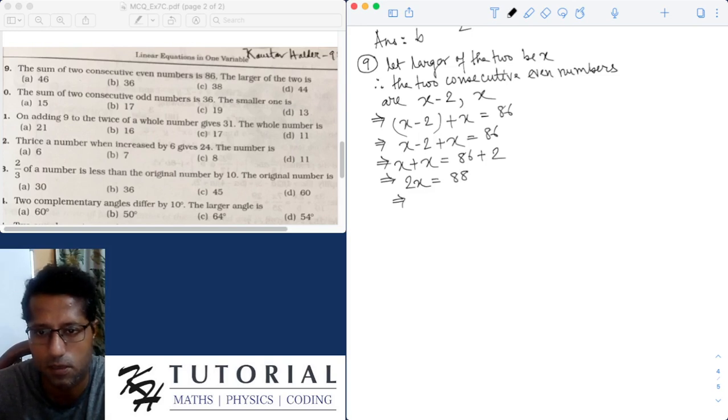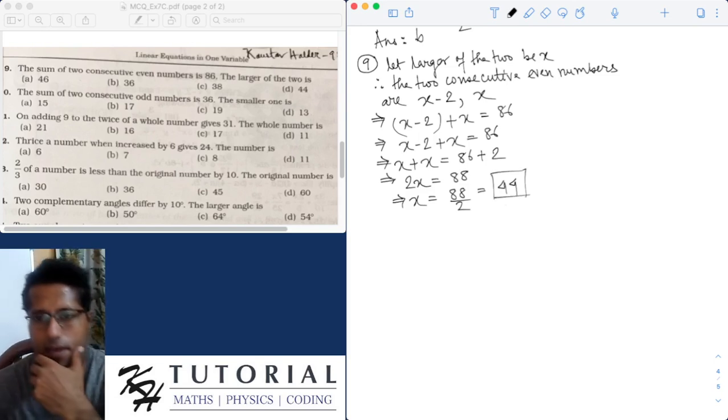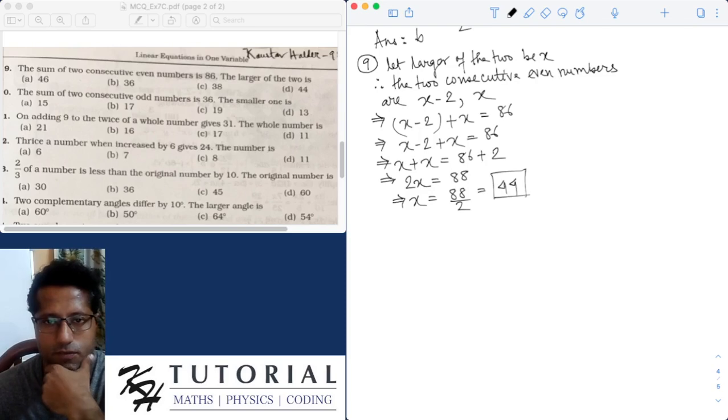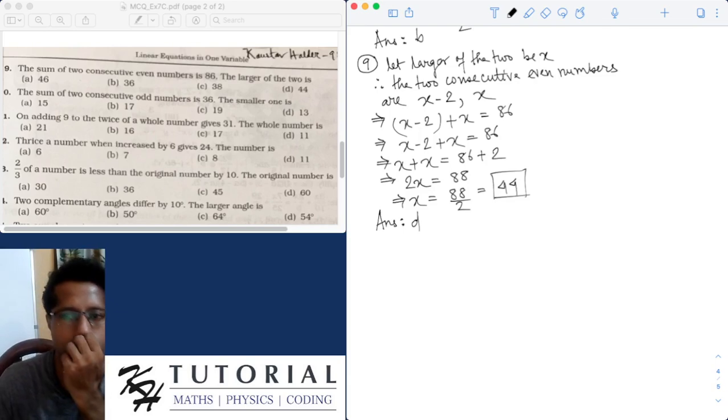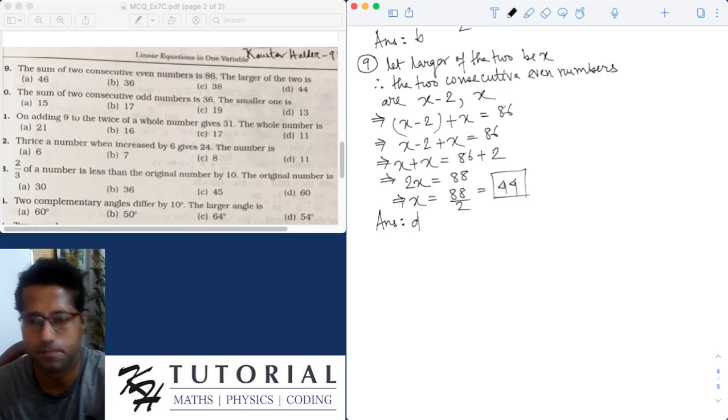This implies x equals 88 by 2, that is 44. So 44 is the answer, because we have assumed x to be the larger one, which has been asked. So the answer is choice D.